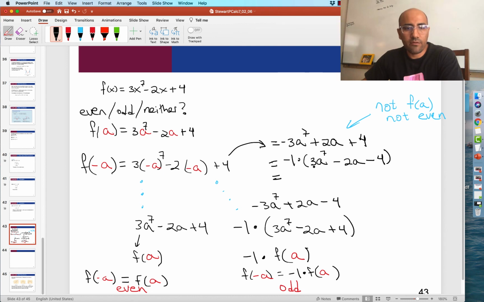We have positive 3a to the 7th minus 2a, but here we have plus 4, and after factoring out a minus, we end up with a minus 4.